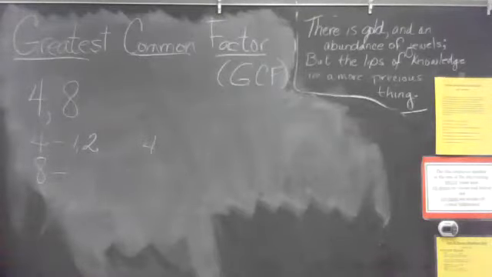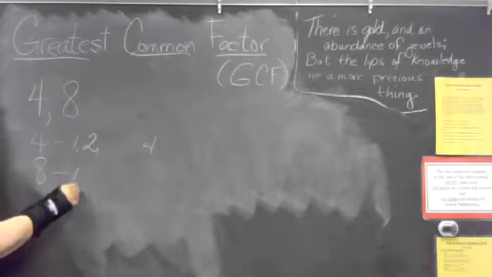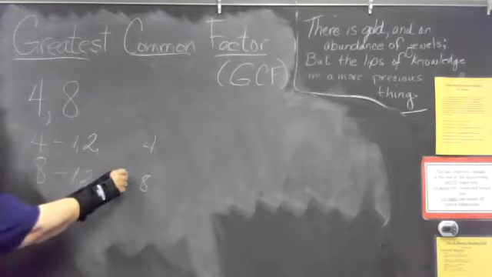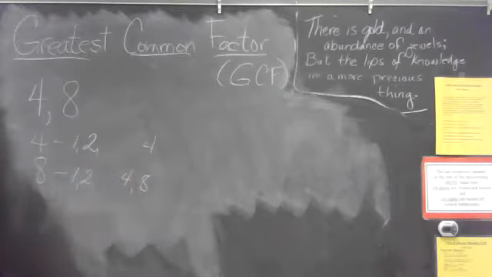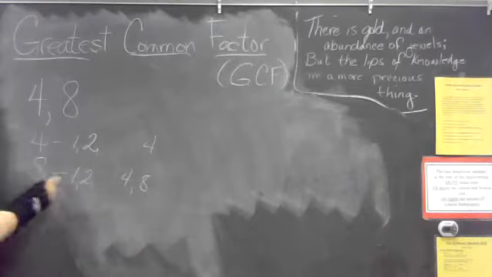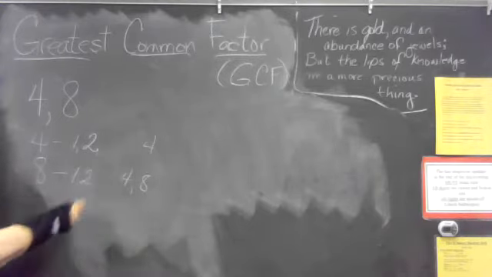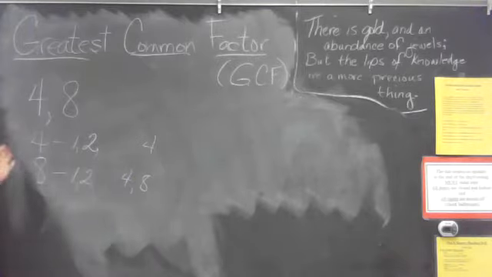Then I try to find the factors for 8. I have 1 and 8. 2 will go into it, 2 times 4. Will 3 go in? No. 4 will go into it, but I already have the 4 times 2 listed. So that's all the factors of 4 and all the factors of 8.